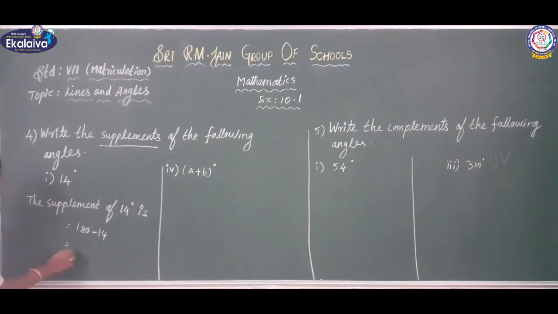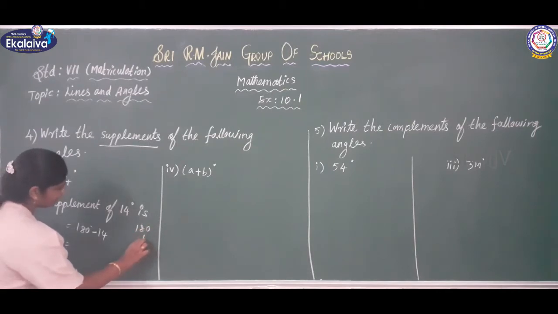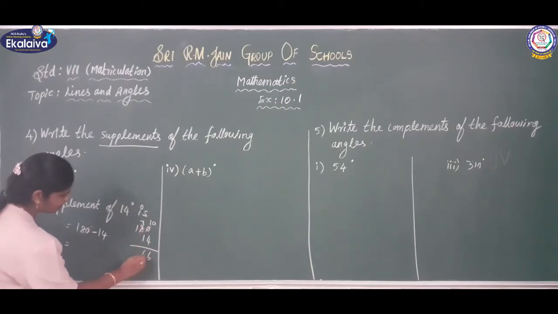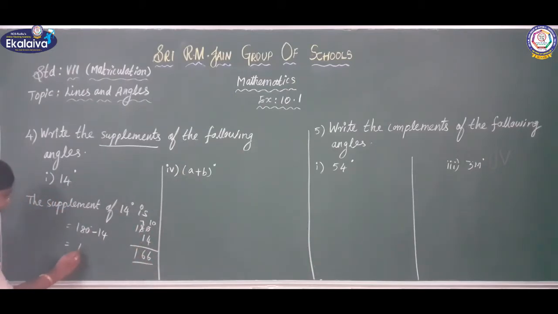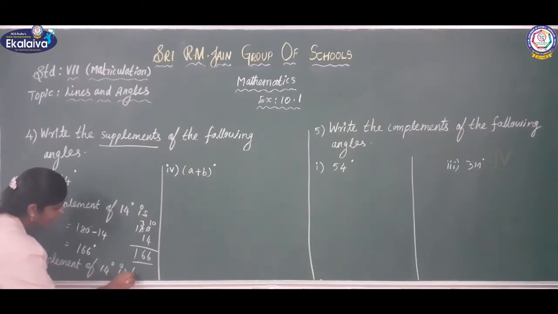So what will you get, children? 180 minus 14. 0 becomes 10. 10 minus 4 is 6. 7 minus 1 is 6, then 1. So what is the angle? 166 degrees. So the supplement of 14 degrees is 166 degrees.